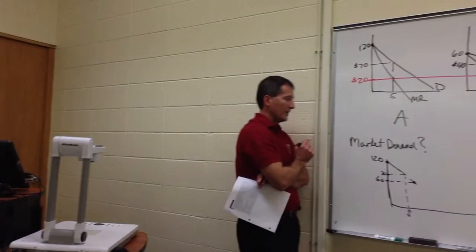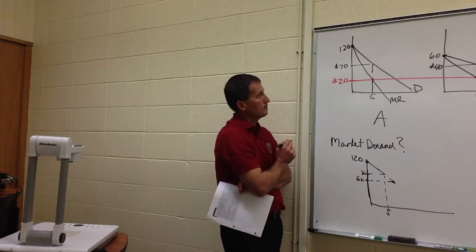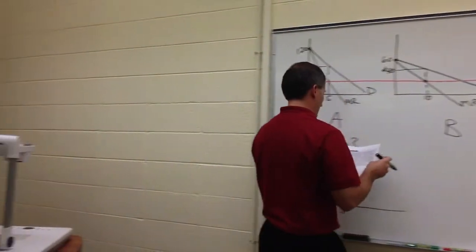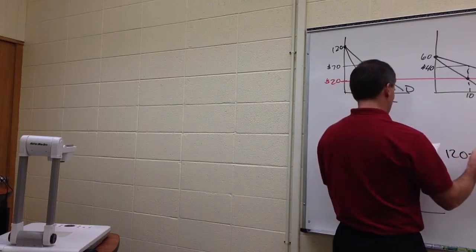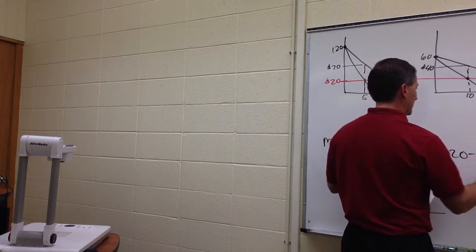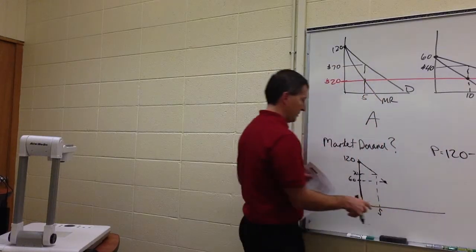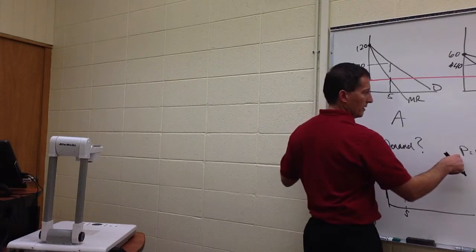So how many do we have at 60? 6. Let's see, we got 120 minus 10Q as our demand curve, right? So 10 times, or we got the 70 over here.